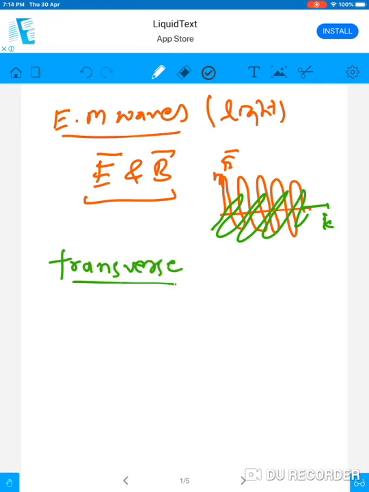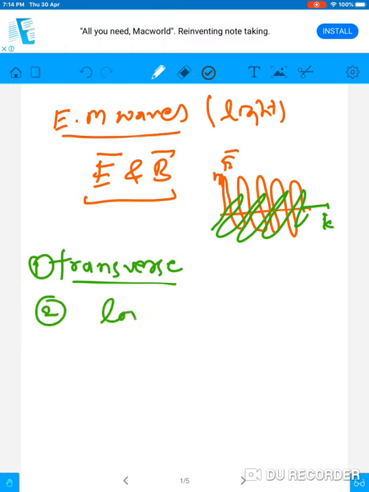Now we know that waves are of two types according to their nature: one is transverse, the second one is longitudinal.